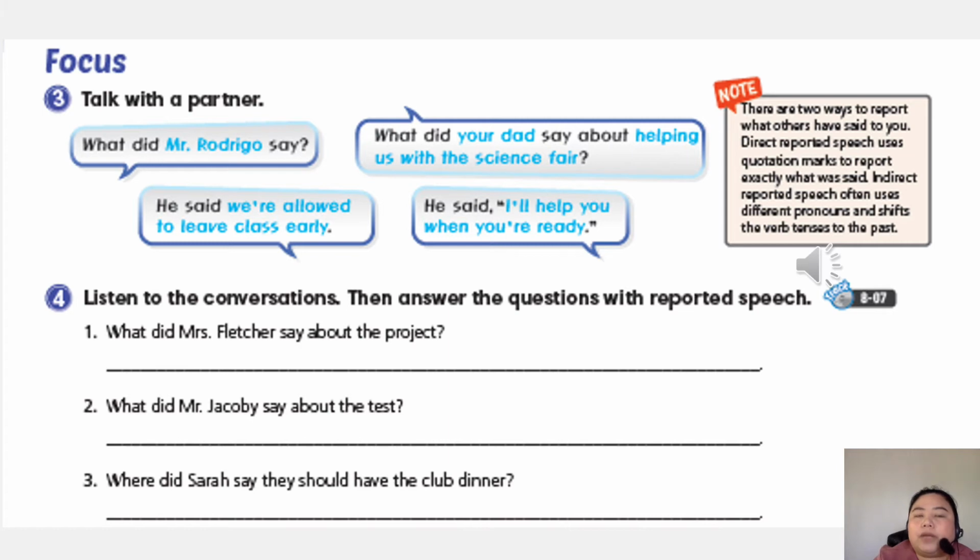We normally use direct speech when we read storybooks, cartoons, things like that. But when we speak in real life, we listen and we change the tense, the times, the place and the subjects of the sentence to make a reported speech to tell your friends what you have heard. So indirect or reported speech is to say and explain what you have heard. The tense will change to the past, and the time and the subject will change.